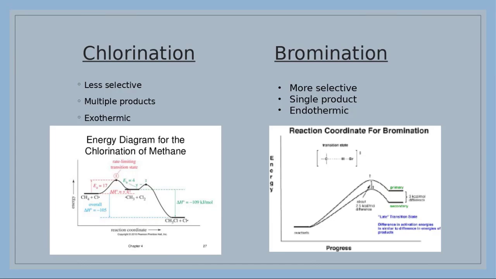This can be used to explain why bromination is more selective than chlorination. There might be questions that ask you to draw a reaction diagram for chlorination and bromination. They don't have to be too specific, but you have to get the key points: chlorination is exothermic, bromination is endothermic.